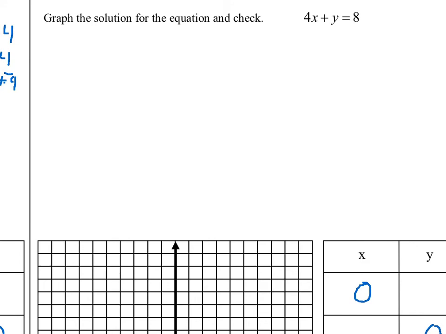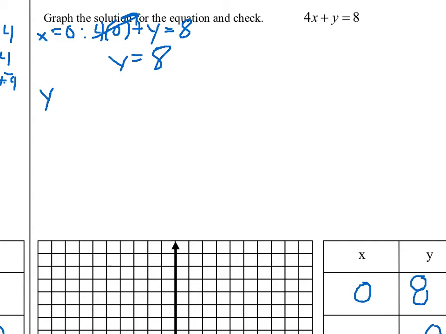So let's just see what that looks like. Let's do these other two first. So when x is equal to 0, that gives me 4 times 0 plus y equals 8. Yeah, that one turns out totally easy because that's just y equals 8. Super fortunate on that one. When y is 0, that was our next point.